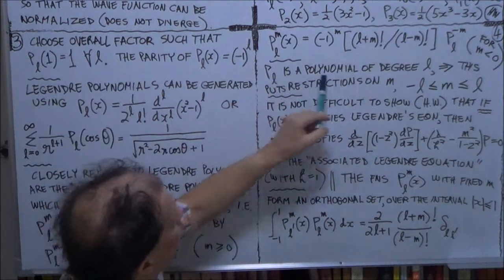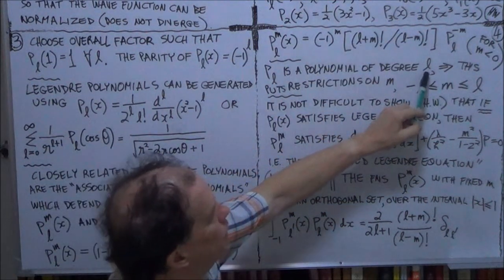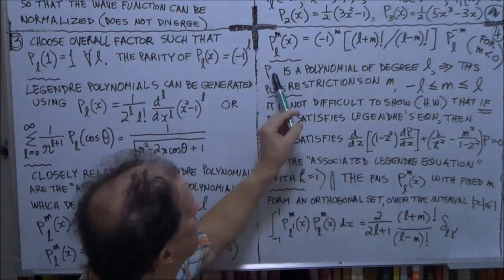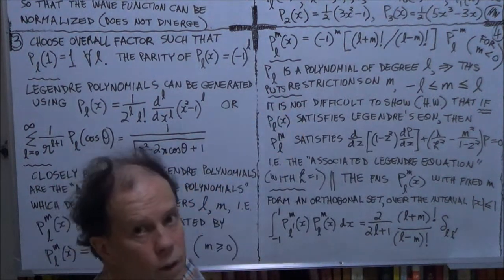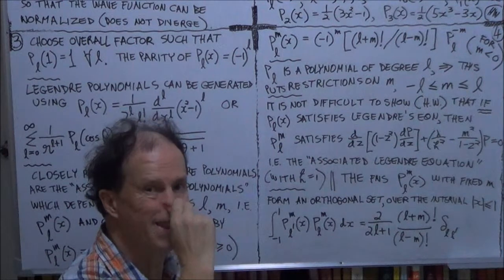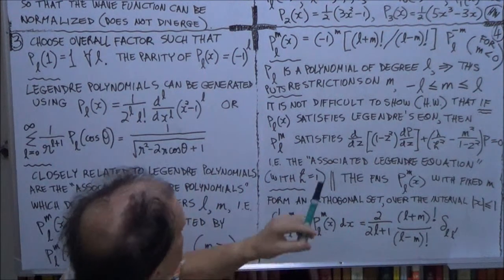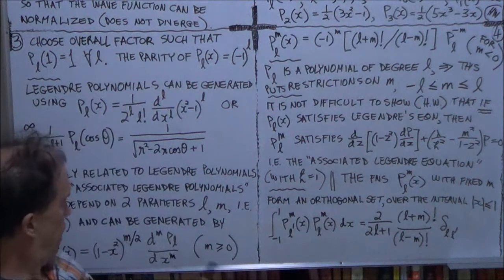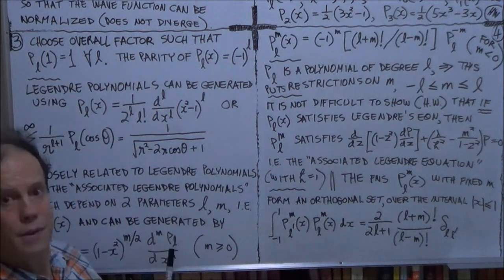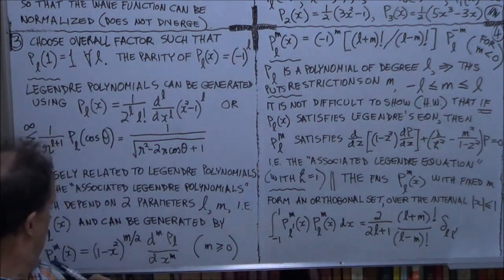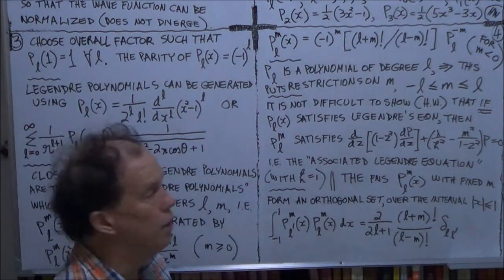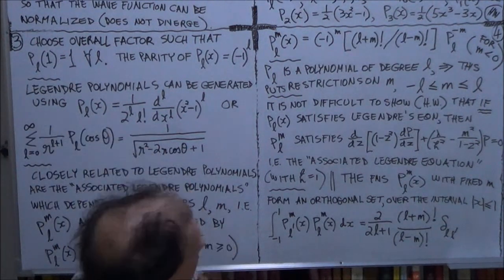So P_L is a polynomial of degree L. So the highest power of x in this polynomial would be L, right? x to the L. That's the highest power. So you cannot differentiate too many times, right? Because if you do, you just get zero, and then all your polynomials are zero. So there's a limit to how many.